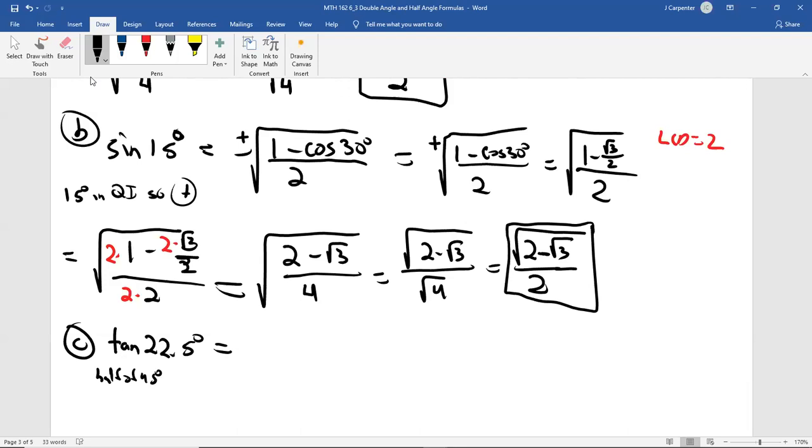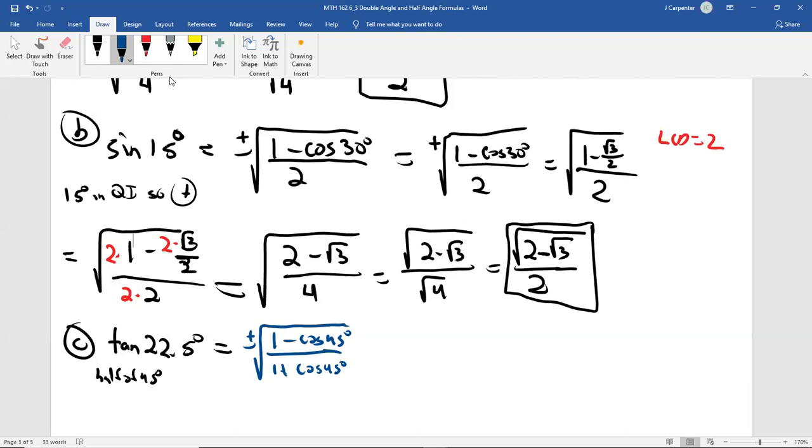And we know how to handle 45 degrees. We don't know how to handle 22.5, so we should use the tangent half angle formula, which I'm going to do in blue because I'm not actually going to use it. The original formula I gave you was plus or minus big old square root, and it goes 1 minus the cosine of the doubled angle, 45 degrees, over 1 plus the doubled angle cosine.